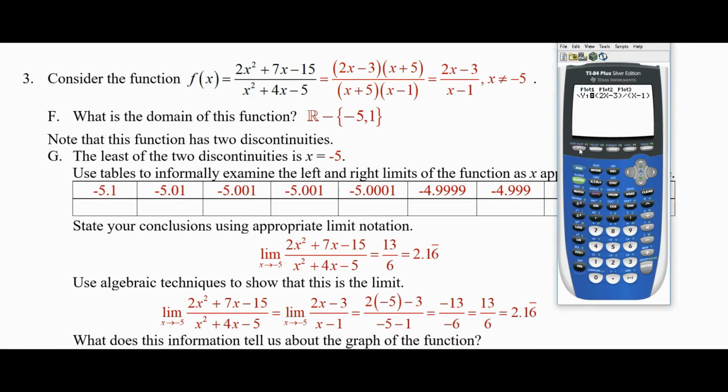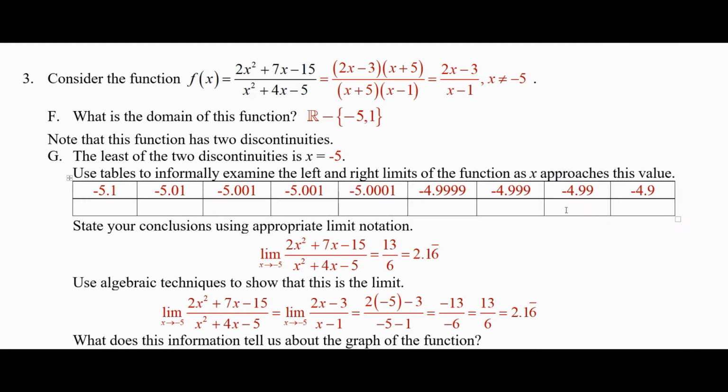Okay, so here I put in the formula in a TI-84 calculator. I went to the table, set it up to ask for the table values so I can put in what I want. And I've already picked out some good values. So I can put in some of these, -5.1, and that gives me, let's see here.